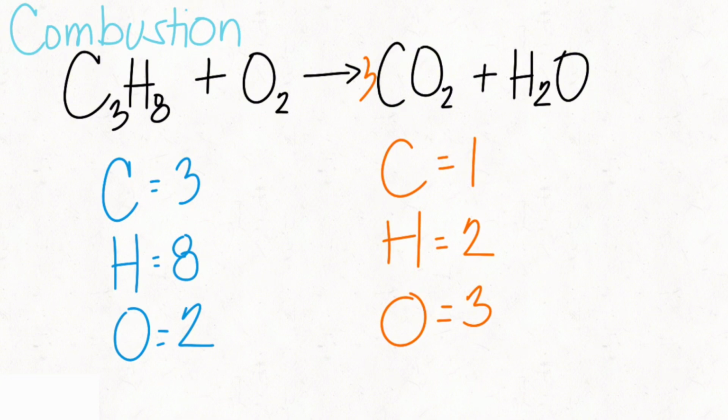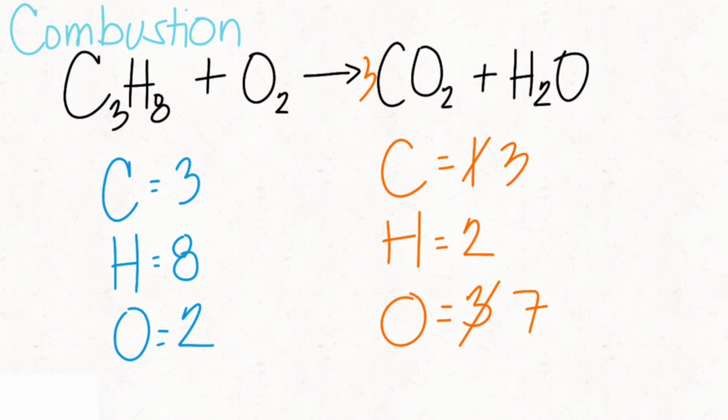Let me start by balancing the carbon. Let me put 3 on the side of carbon dioxide so that if I multiply it to 1 carbon, it will become 3. But at the same time, oxygen will become 7, having 6 from CO2 and 1 from H2O. And as you can see, the equation is not yet balanced.